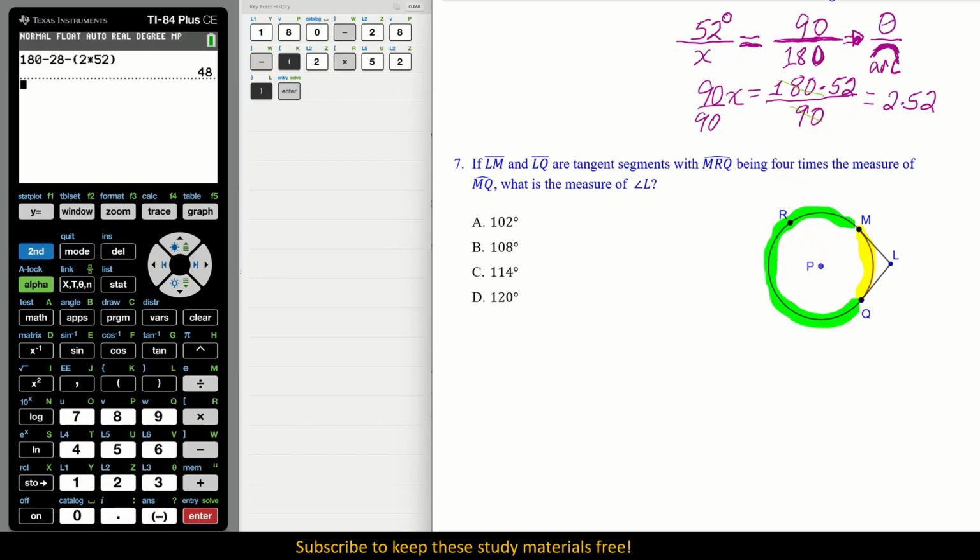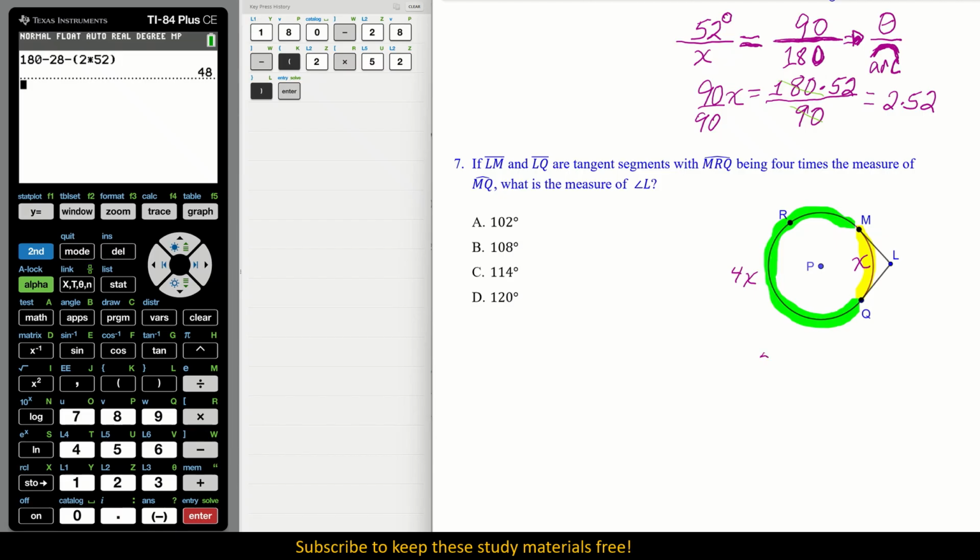This implies that they are saying to slice all the way around, 360 degrees, into 5 pieces, because this one, let's call this X, and this one is 4 times X. That's 5 pieces.